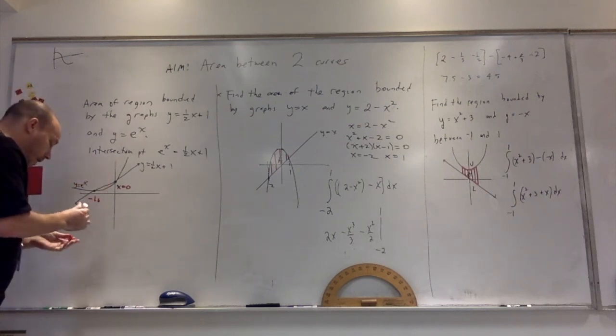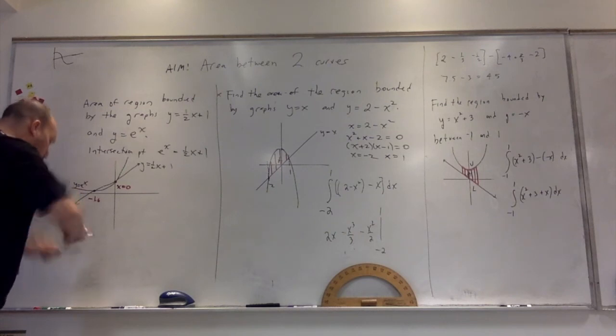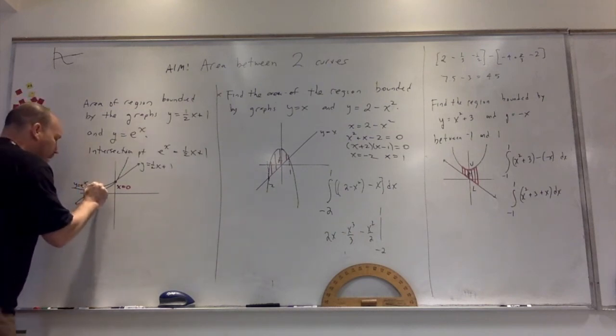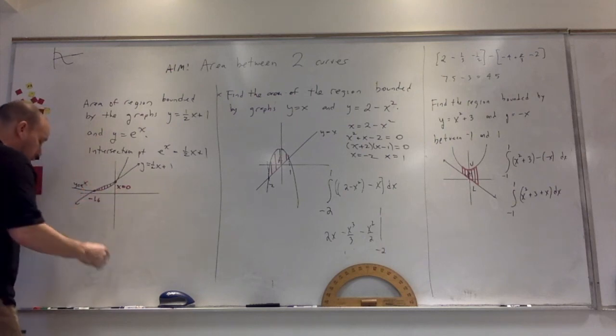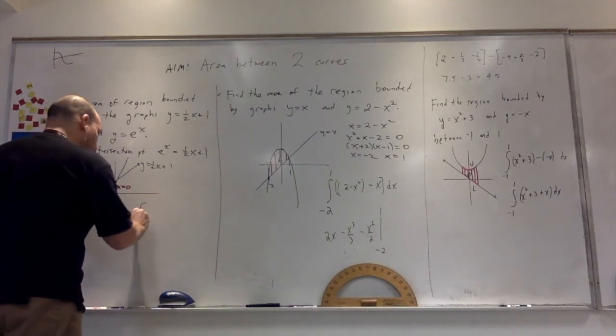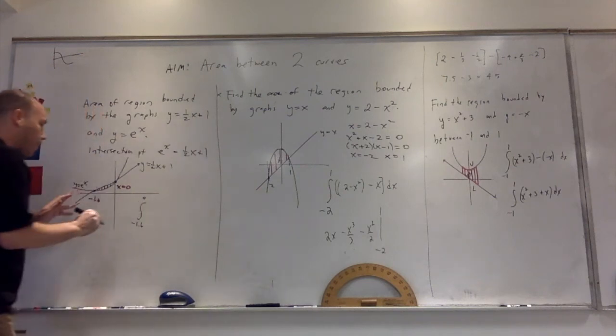So, once again, it's all about the rectangles. You're good to go. Put an integral together. The integral from negative 1.6 to 0. What's the upper? What's the lower?